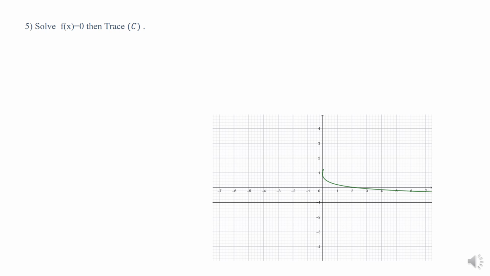Solve f of x equals 0, then trace c. Now let's solve f of x equals 0. f of x equals 0 means (3 minus 2 radical x) over (3 plus 2 radical x) is equal to 0. The numerator is 0.